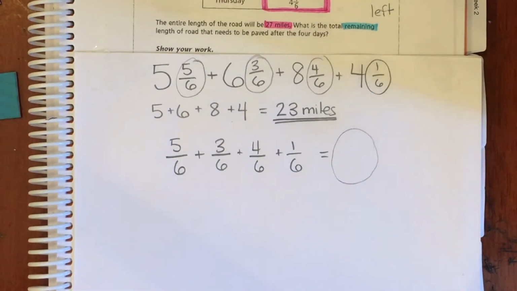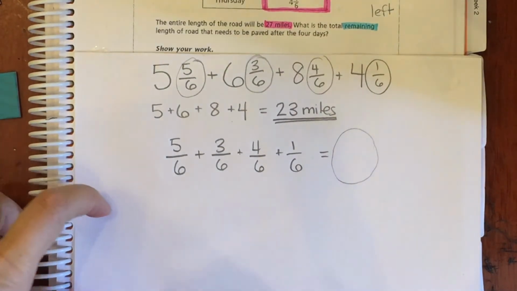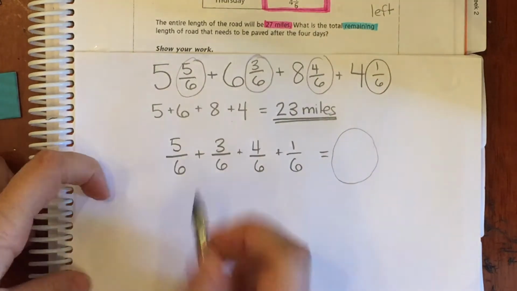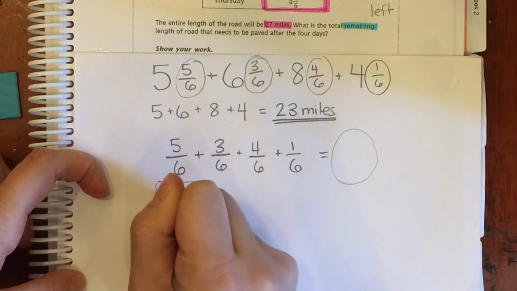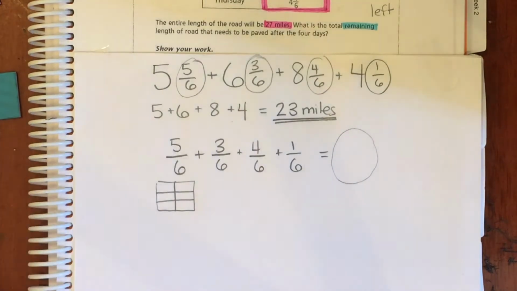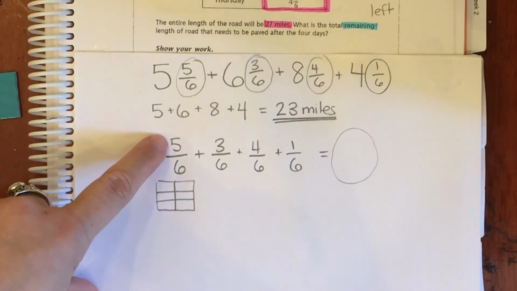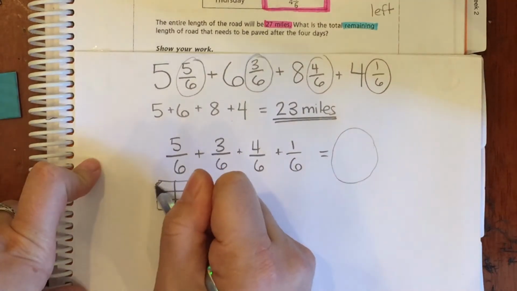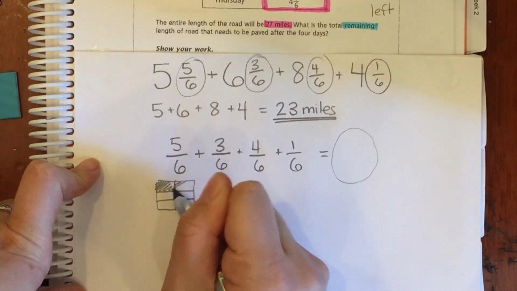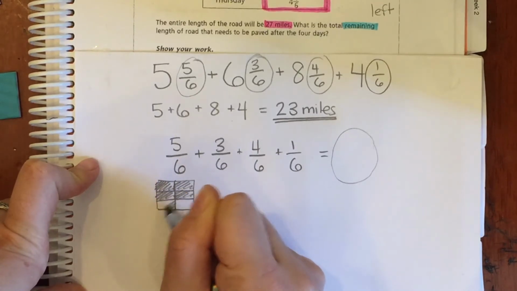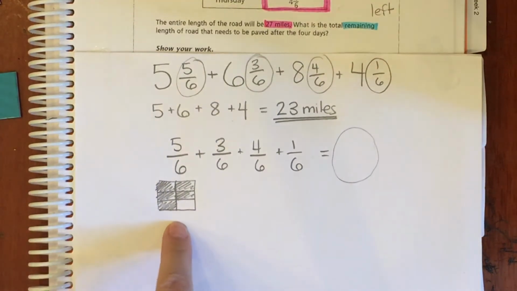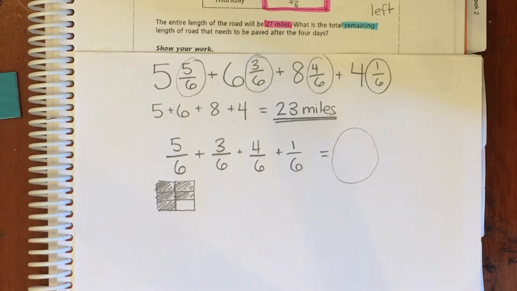So I'm going to do a little quick drawing for each of them and just show what they really represent. Okay, so I have my rectangle here that has 6 pieces, and to represent 5/6, that would mean 5 out of 6 of those pieces. 5/6 are shaded. Now, I'm noticing that this is almost a whole, but not quite.